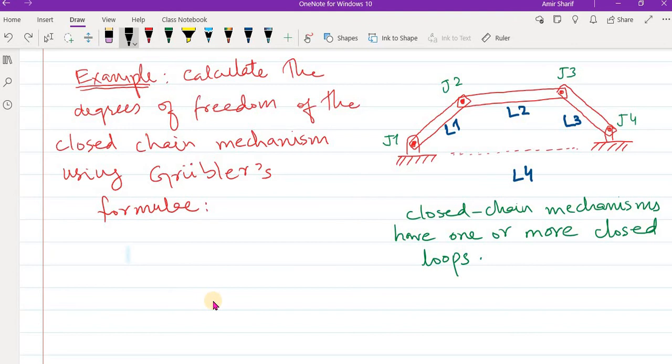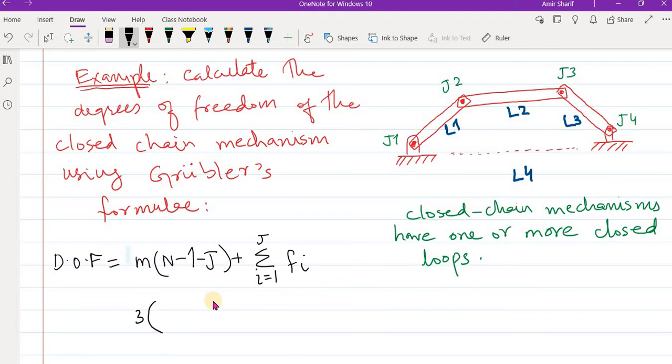According to Grubler's formula, the degree of freedom is equal to m times (n minus 1 minus j) plus the sum of f_i. Here, because this is a 2D mechanism, m will be 3, and n is the number of links.